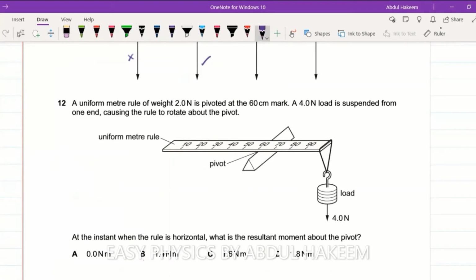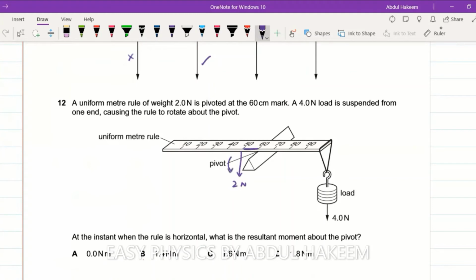And the next question is, a uniform meter rule of weight 2 Newton is pivoted at the 60 centimeter mark. A 4 Newton load is suspended from one end, causing the rule to rotate about the pivot. At the instant when the rule is horizontal, what is the resultant moment about the pivot? Look, it's uniform, so its whole weight acts at the middle. So weight 2 Newton here, and its distance from the pivot is 10 centimeter.